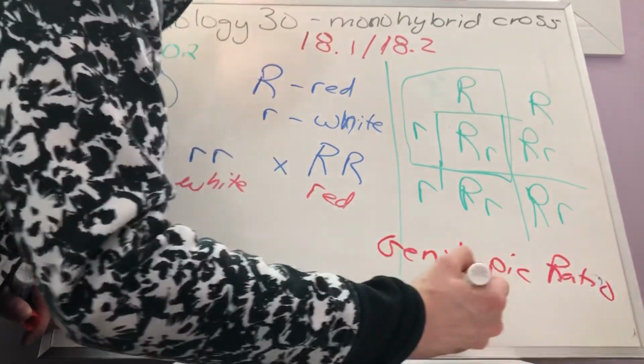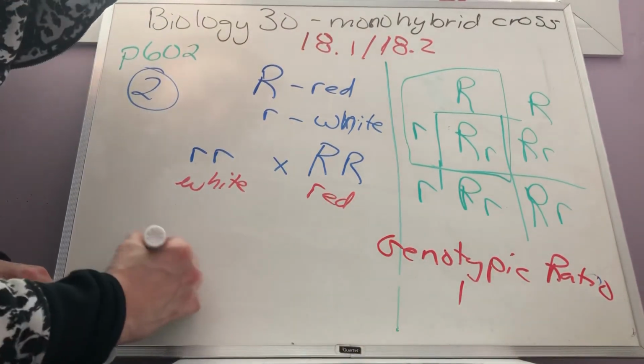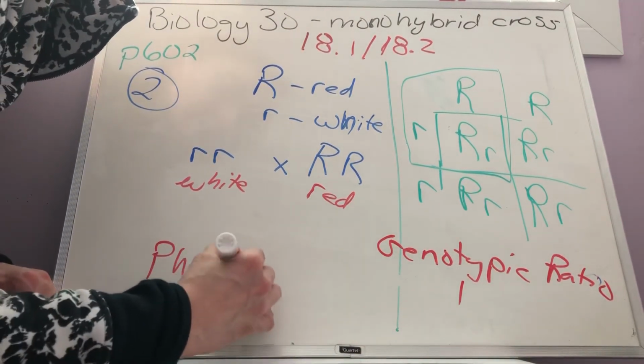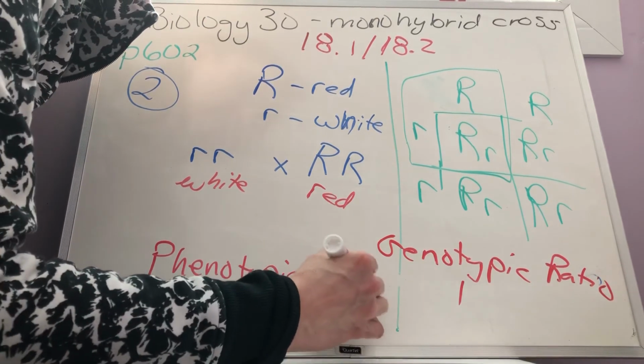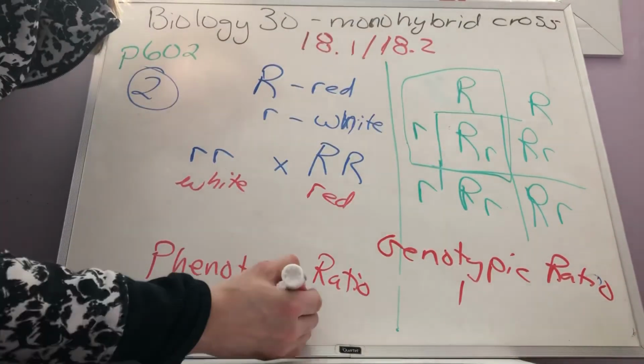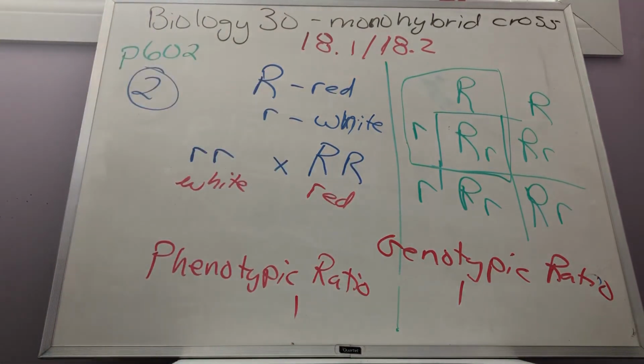So genotypic ratio would be 1, as would the phenotypic ratio, because there's no other option. There's only one option that these offspring will have, so they both would be 1 in this case. Most of the time you will have 1 to something, maybe 1 to 1 or 1 to 2, or 3 to 1, you know, you'll see an actual ratio. But if everything is the same, you would just put 1.